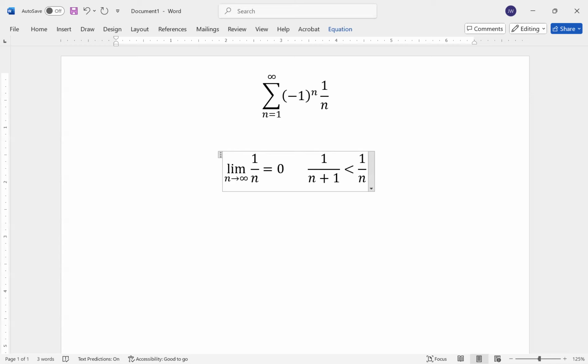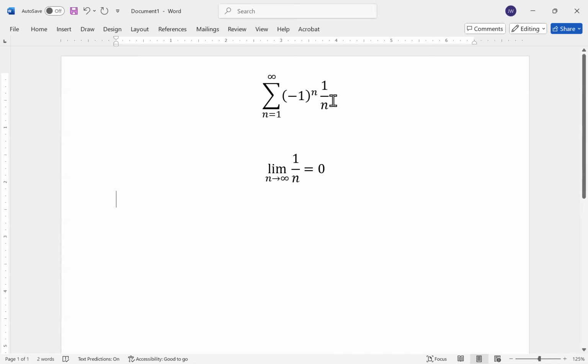Usually I don't write that second part. I just say it's decreasing. It's pretty clear that it's decreasing and the limit is 0. So by the alternating series test, this alternating series converges.